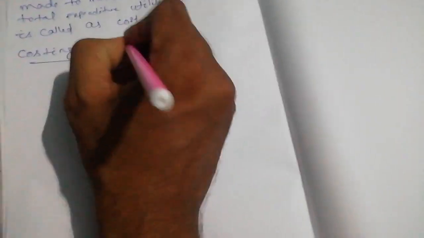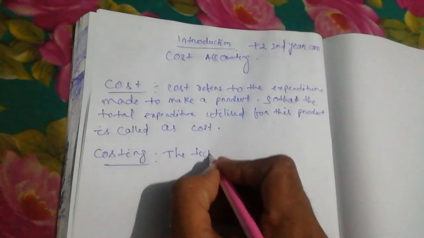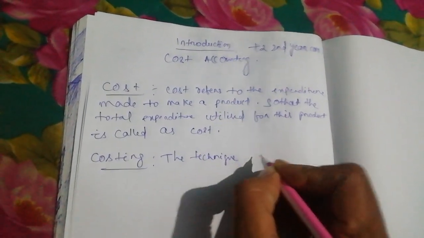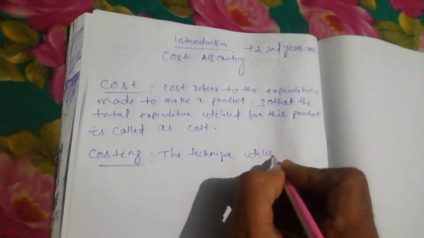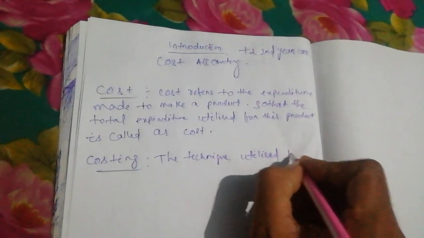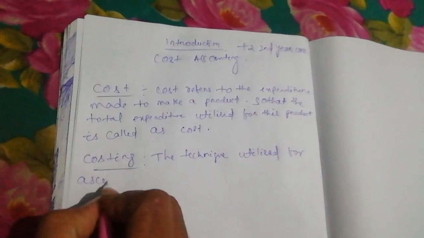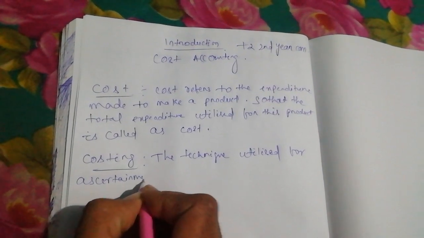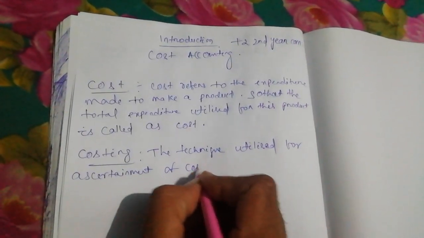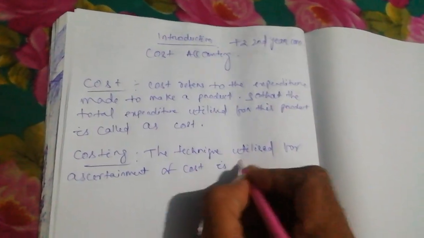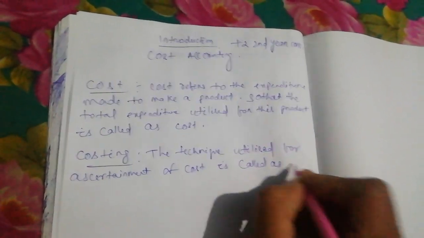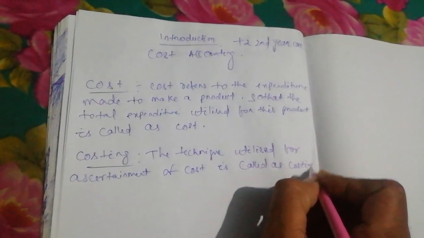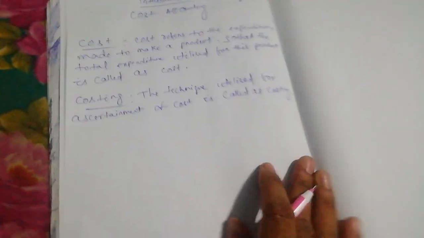So costing is the technique utilized for ascertainment of cost. Understood? Third point, cost accounting.